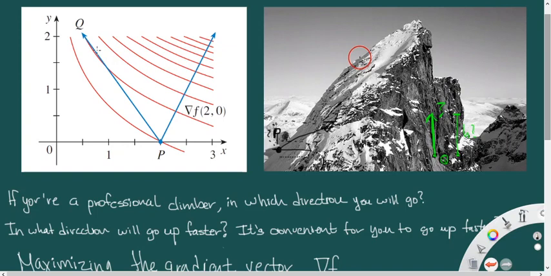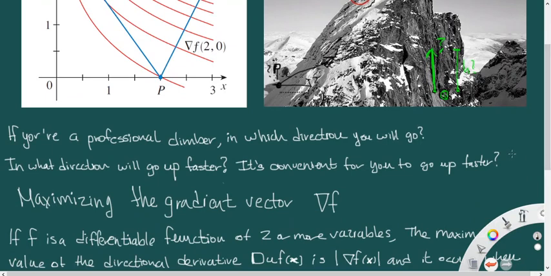And one of the purposes of the gradient vector, which is this nabla operator for f, is to know in what direction we need to go to maximize the value of a function that is in multivariable mode.